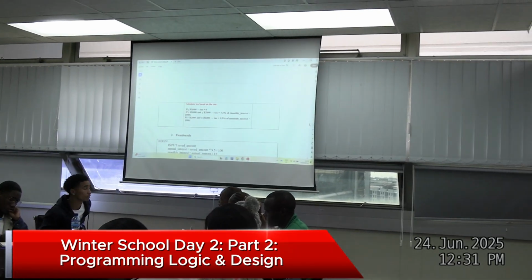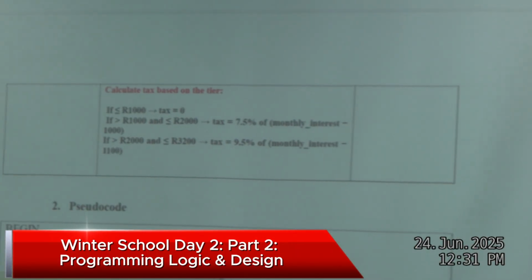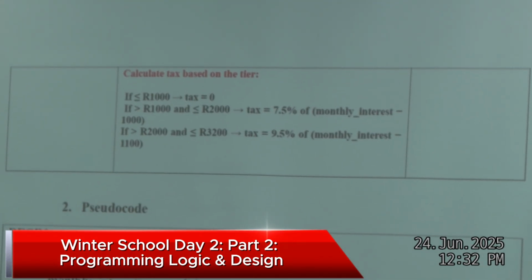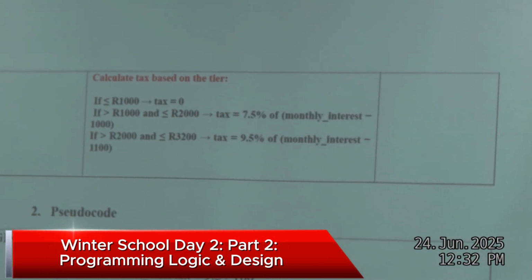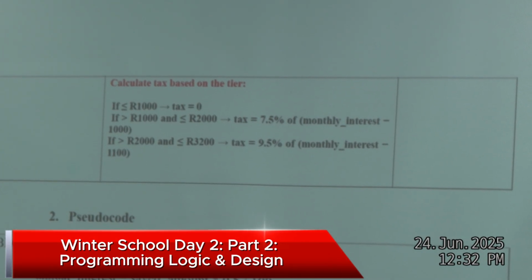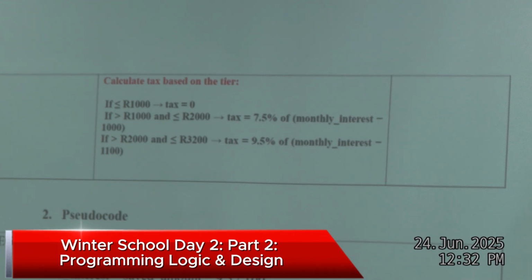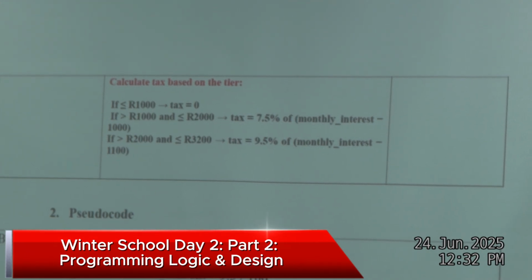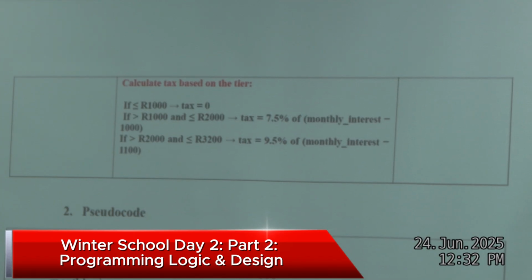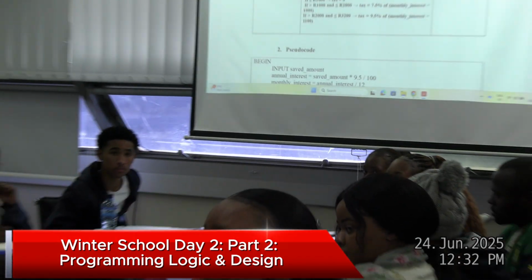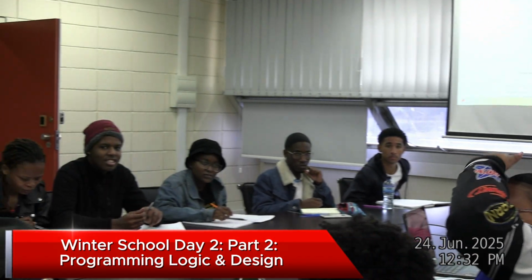If tax income is less than 1,000. If your income is less than 1,000, what's the outcome? Then tax is assigned to 0.